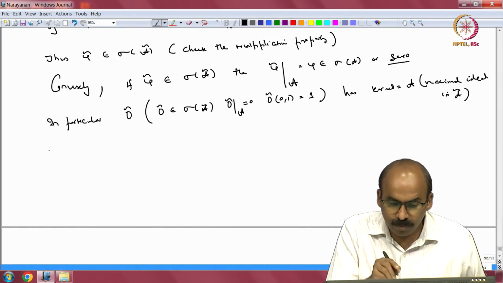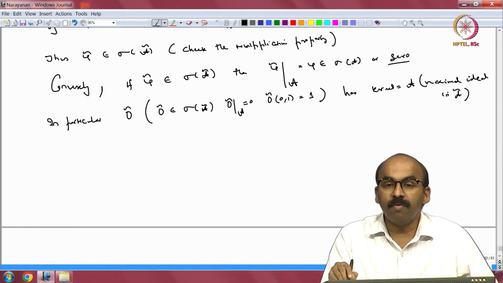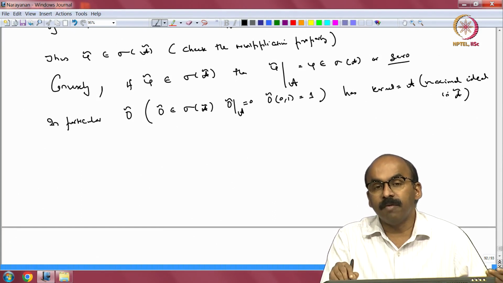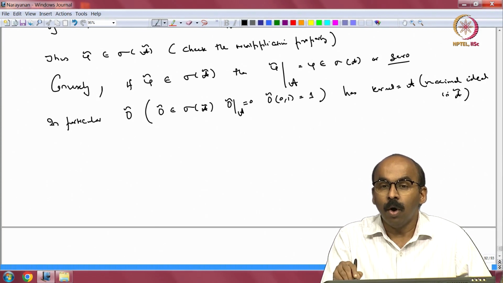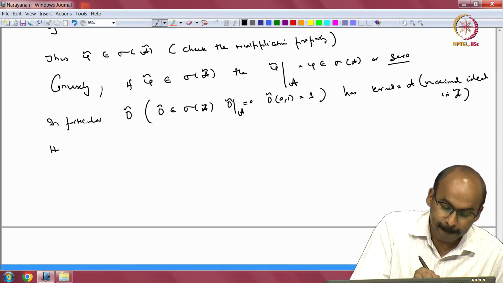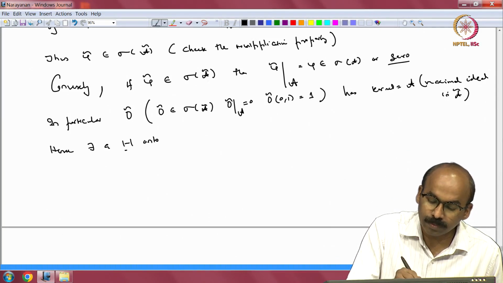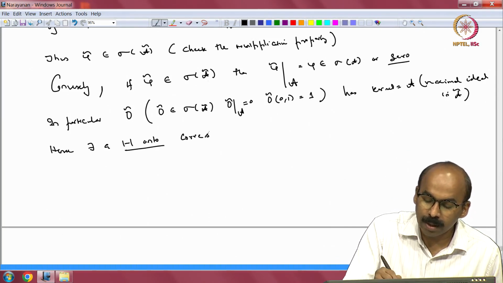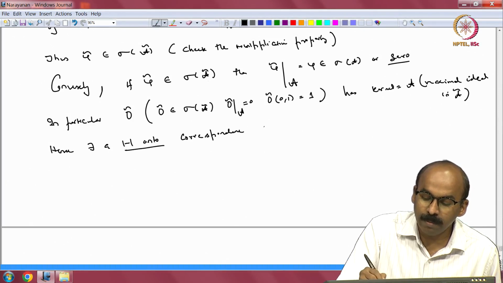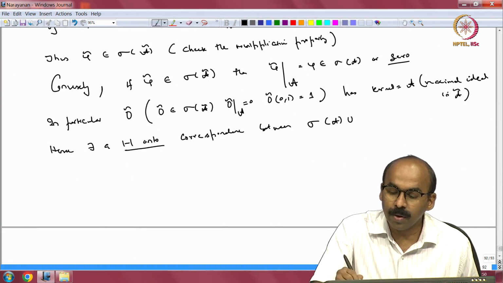So what did we do? If you look at any phi in sigma A, it extends uniquely to a phi tilde. And similarly, if I take a phi tilde in sigma A tilde, the bigger space, it restricts to either 0 or a non-zero multiplicative linear functional on A. Hence there exists a 1-1 onto correspondence between sigma A union 0 and sigma A tilde.